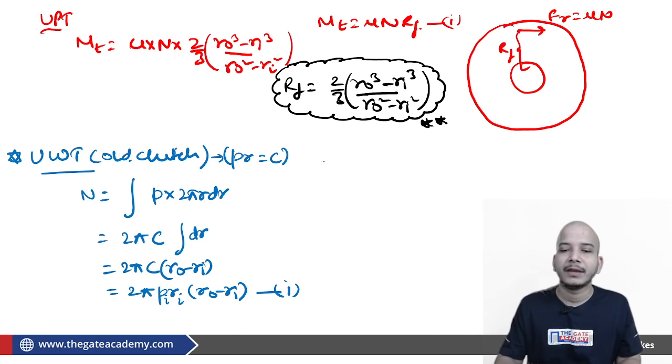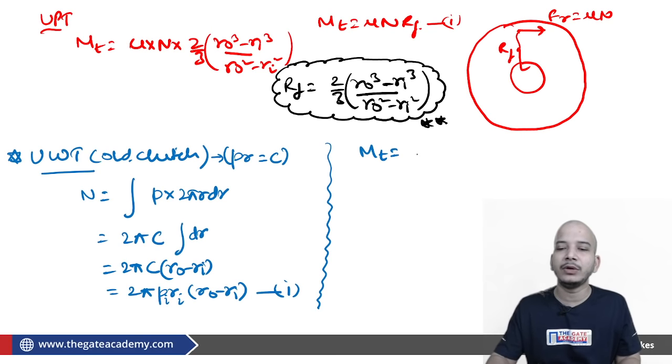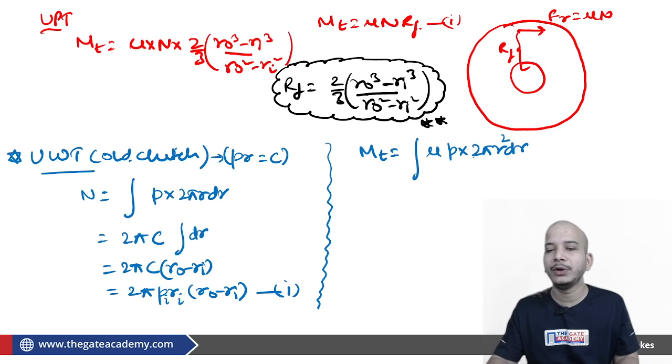Fine. Apart from that, if someone will ask, okay, what about empty? So empty will be equal to, in the same way, mu into dn, which is P into 2 pi R dr into R. So this will become equal to mu into P into 2 pi R square dr. On solving it, you can take this P, R and everything constant outside.